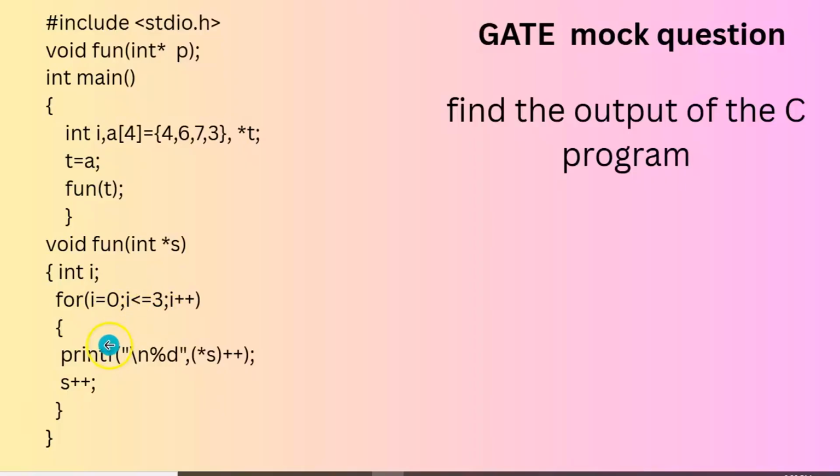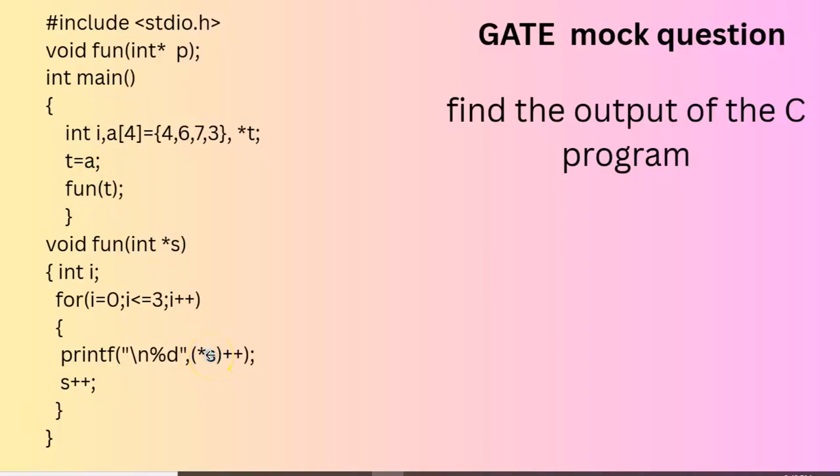Each time we are printing the value stored in the address specified by S, that is, the indirection operator will operate like that. So what is this S? S initially got the address of A of 0, because the address of A of 0 is stored in T and T is passed to S. So the content stored in the address specified by S will be printed.